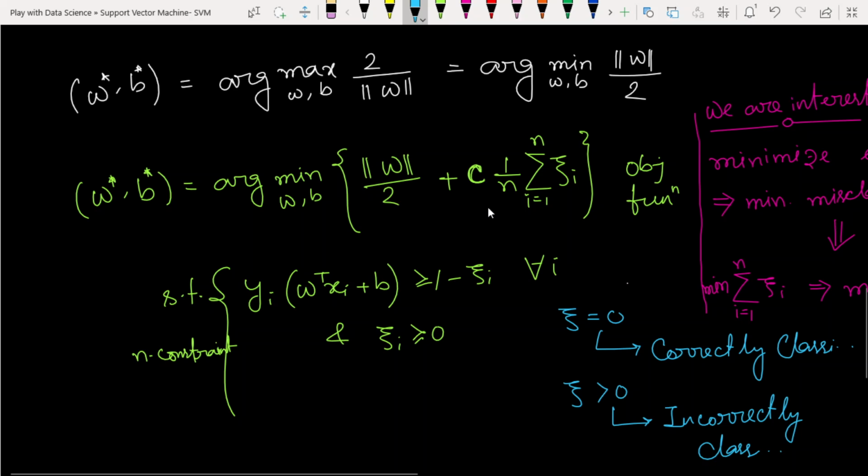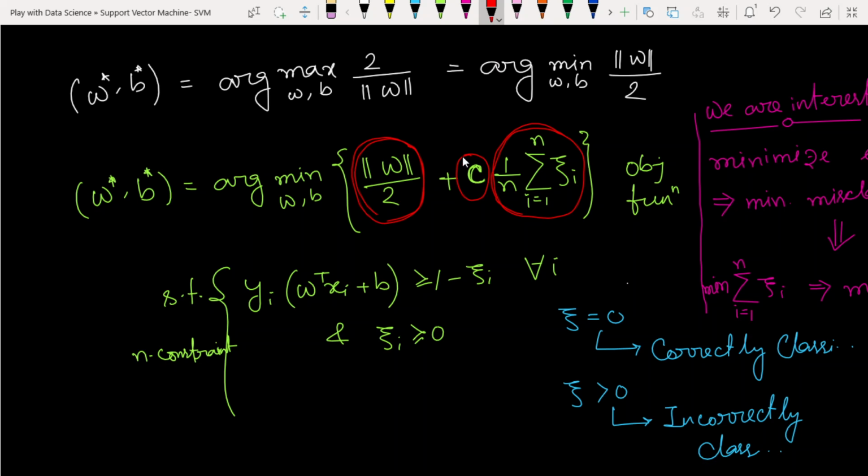Now if you see this thing, this is actually our loss. We are interested in minimizing our loss.